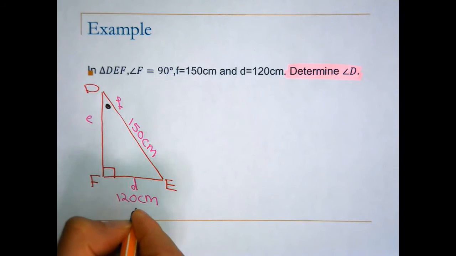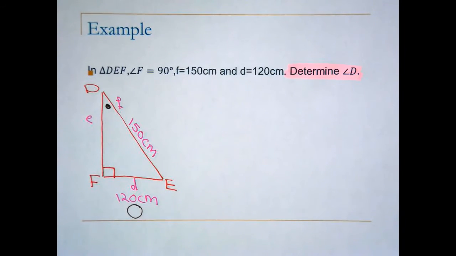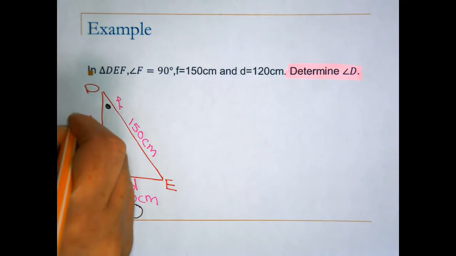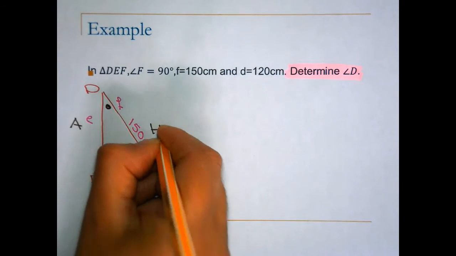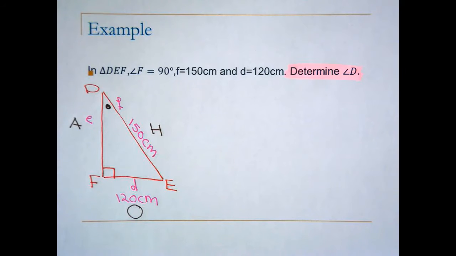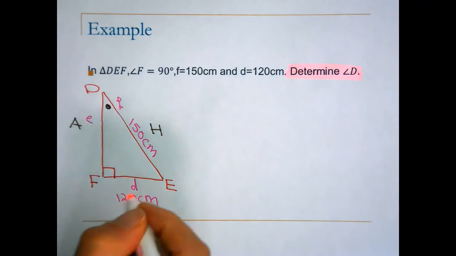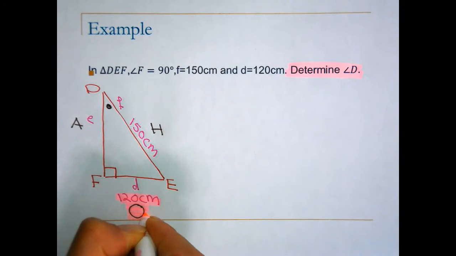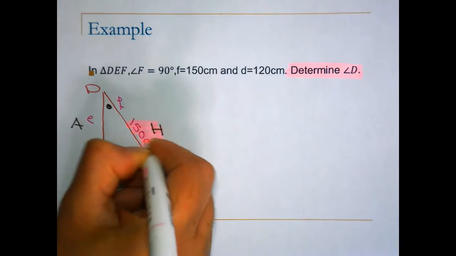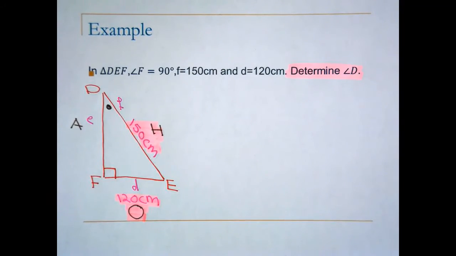So this is going to be the opposite, this is going to be the adjacent, and this is going to be the hypotenuse. Now, we have 120, which is the opposite, and we have 150, which is the hypotenuse.